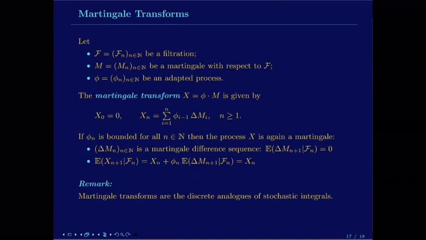Namely, if we play games and our winnings in the game would be according to this martingale, or the martingale difference, then we of course can bet certain amounts, and this phi i minus 1 at the left endpoint of this interval actually defines the amount that we invest or the amount that we bet, and then the product here will reflect our gains over this period.